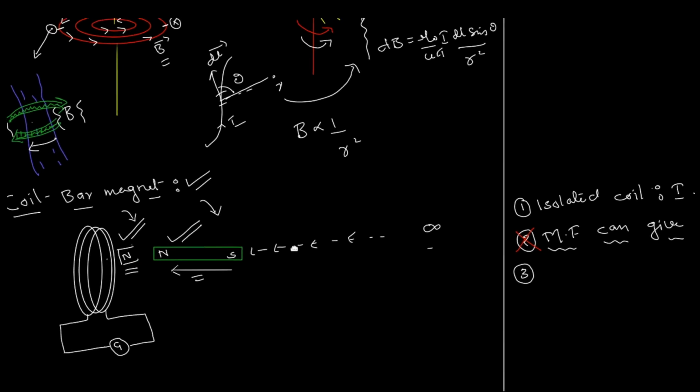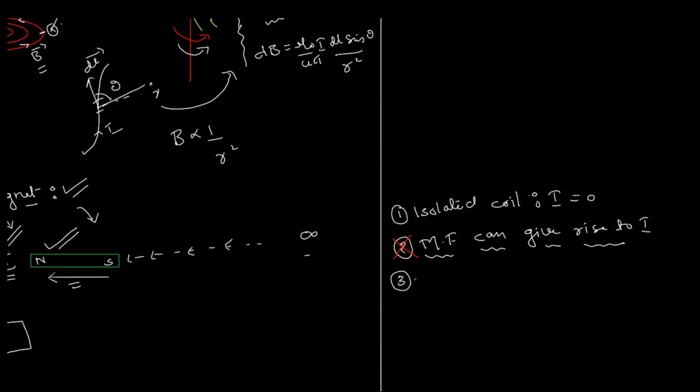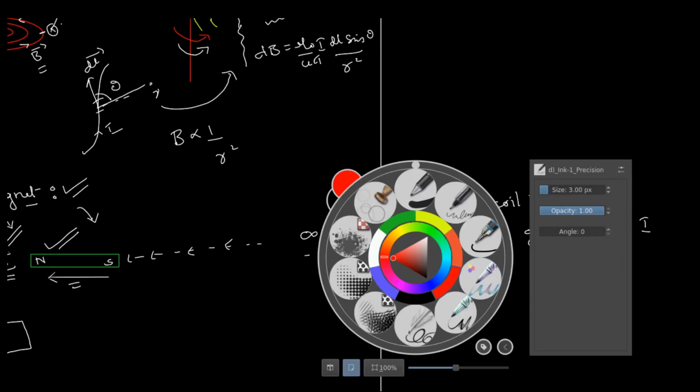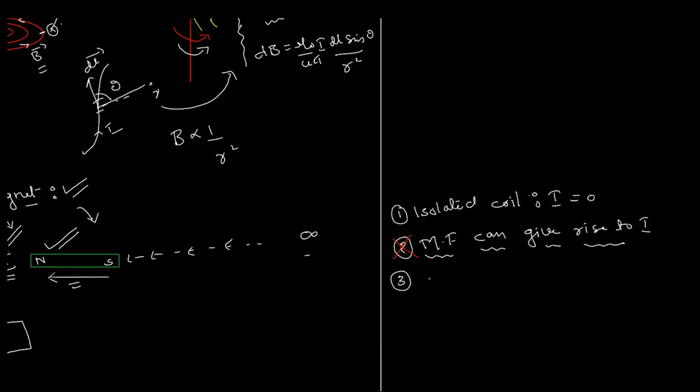So that makes me change this statement a little bit and write, it's not just a magnetic field, but maybe a changing magnetic field. Oh, that makes more sense, right? So a changing magnetic field can give rise to current.